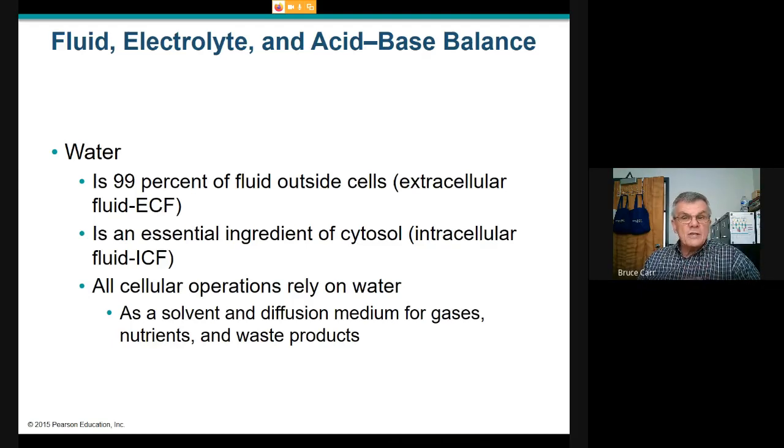And so ICF to ECF, the extracellular fluid, is controlled by the semi-permeable membrane, by the protein carriers that are embedded, by the availability of ATP to power things like the sodium-potassium pump.